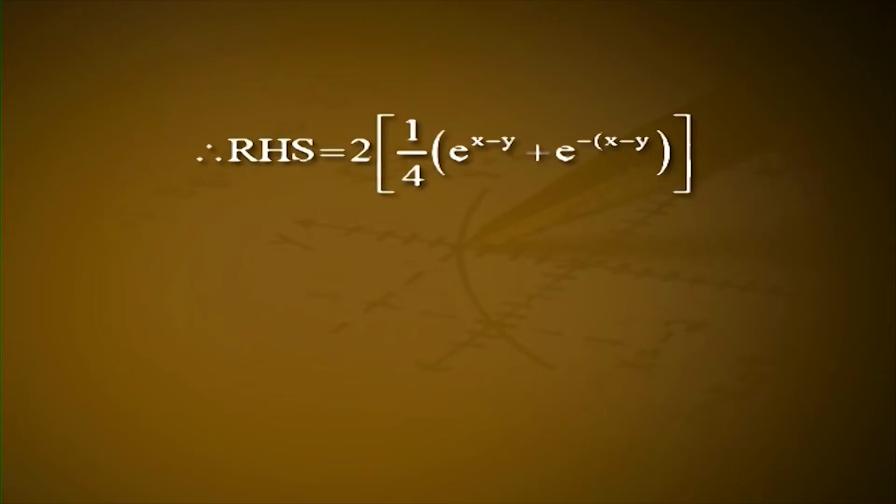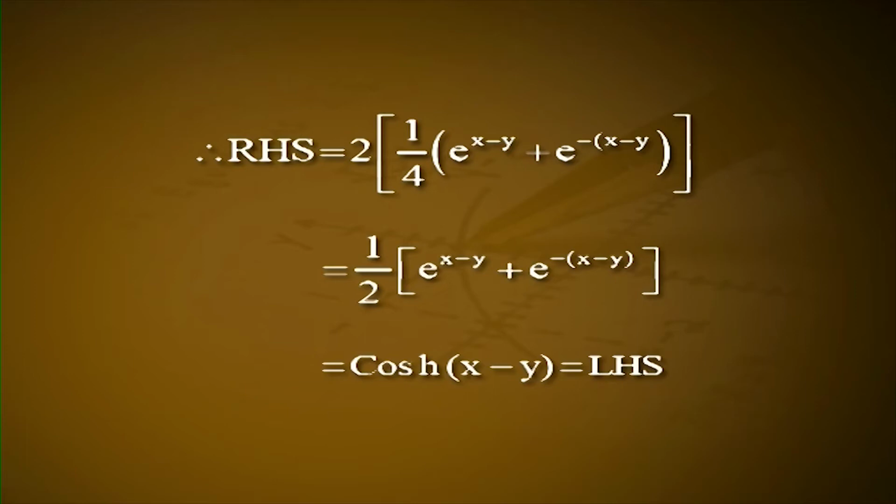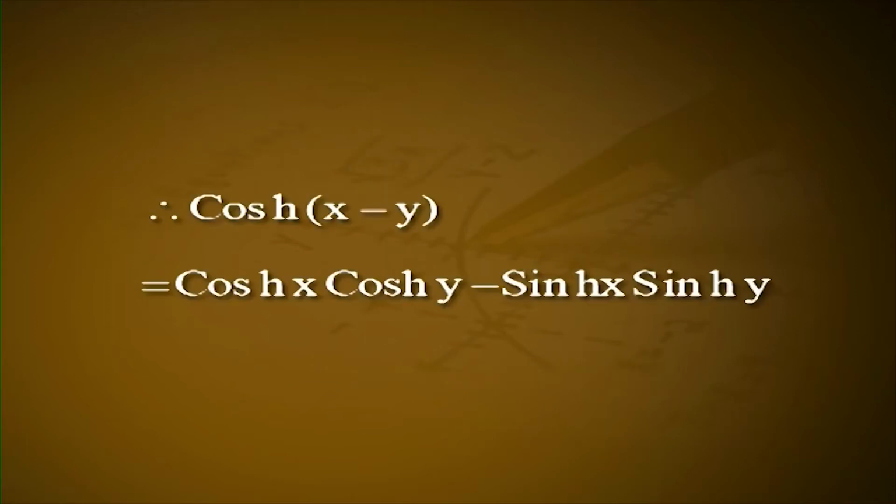Therefore, RHS = 2 × 1/4 (e^(x−y) + e^(−(x−y))) = 1/2 (e^(x−y) + e^(−(x−y))) = cosh(x − y) = LHS. Therefore, cosh(x − y) = cosh x cosh y − sinh x sinh y.